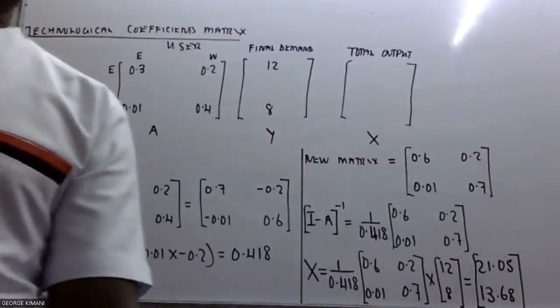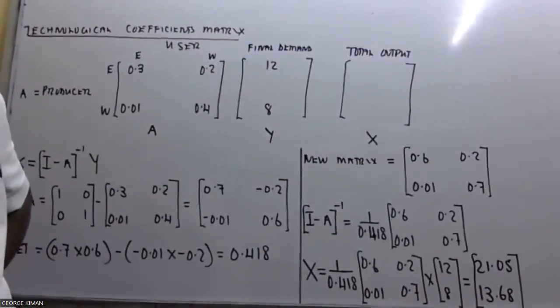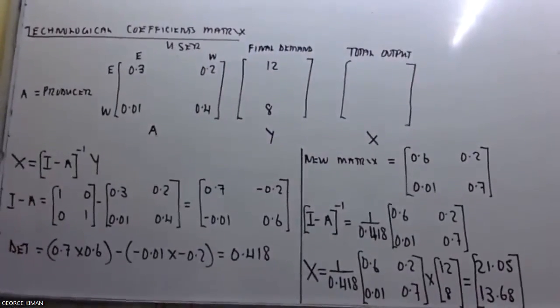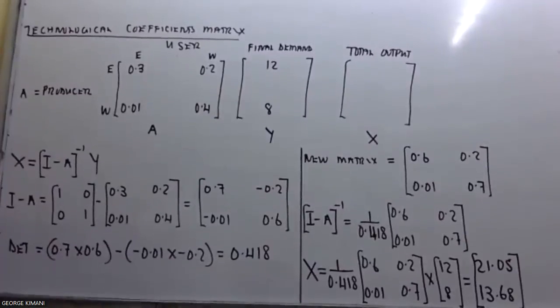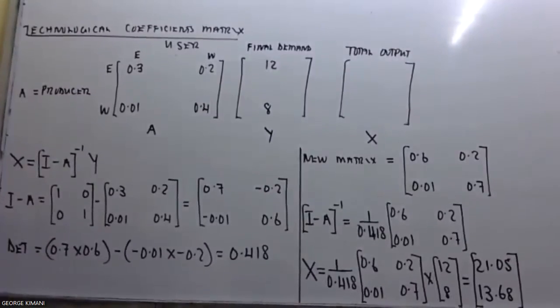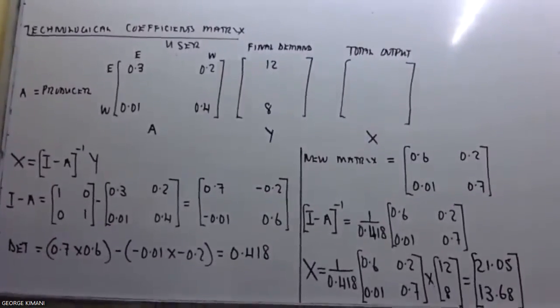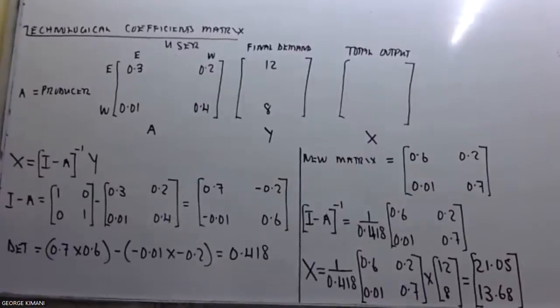So what I first do is give the technological matrix, which is the 0.3 and 0.2, and the final demand. Then I take the identity matrix minus the technological matrix, which gives me that number.